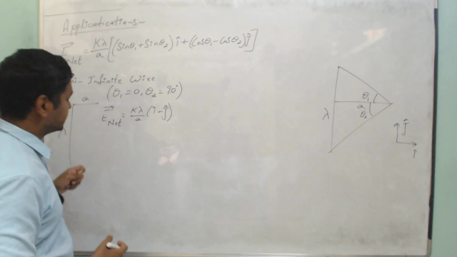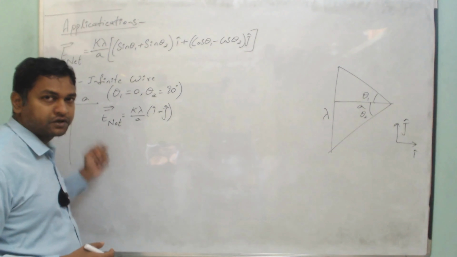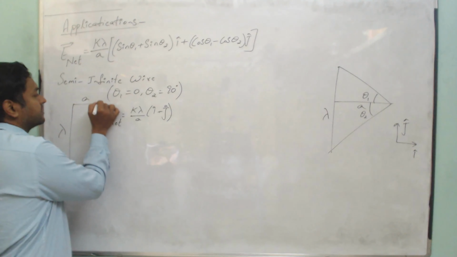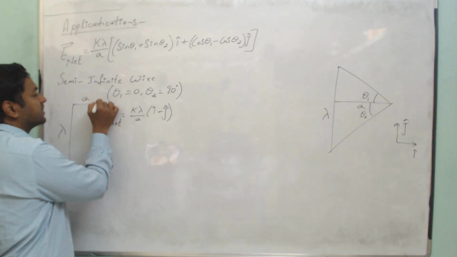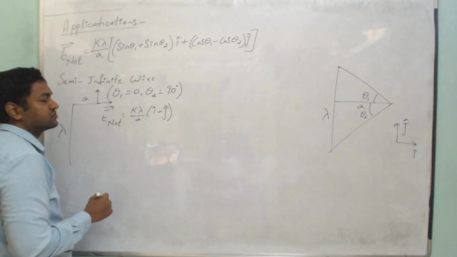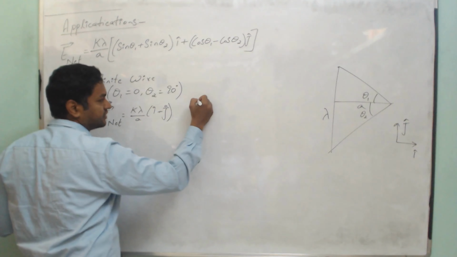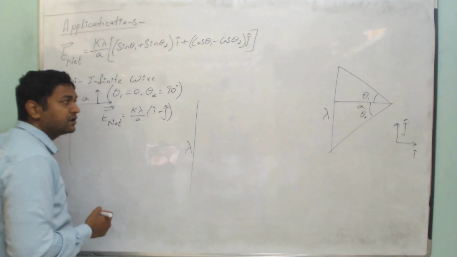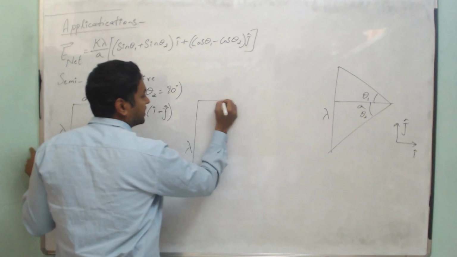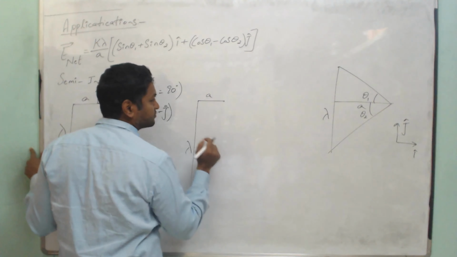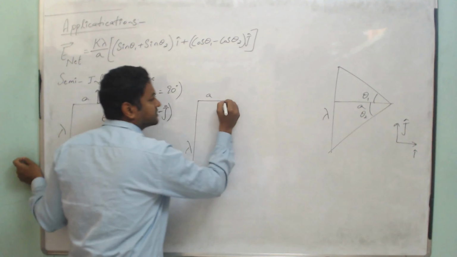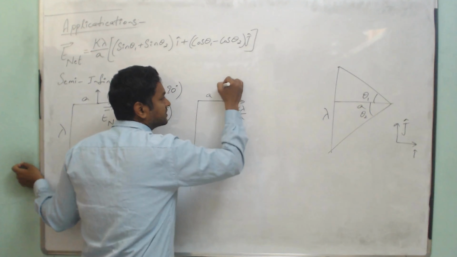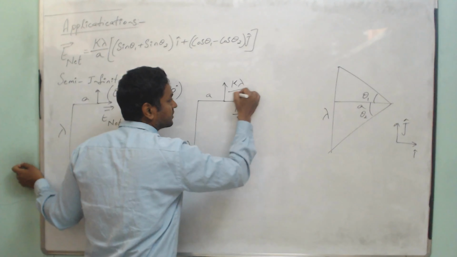Why I wanted to discuss this again is that whenever we come to a situation like this, we have to remember this figure: along this direction we have K lambda by A, and along that direction also K lambda by A. This is my semi-infinite wire having charge per unit length lambda, and at a distance A I want the electric field at this point. The electric field in this direction is K lambda by A, and in this direction is also K lambda by A.